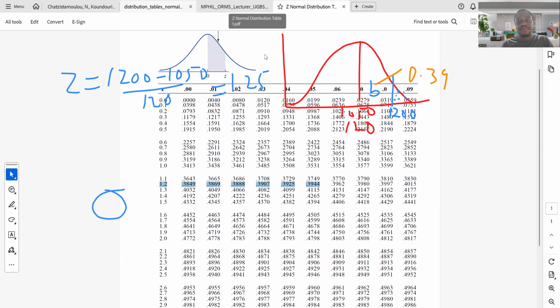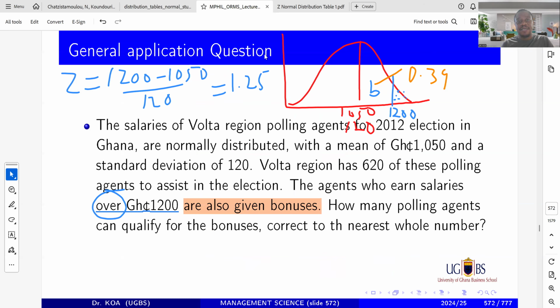So that is the answer that you have, but that's not what you're looking for. You subtract that from 0.5. What do you get? You get 0.5 minus 0.3944. That will give you 0.1056. You see how I'm working it myself.